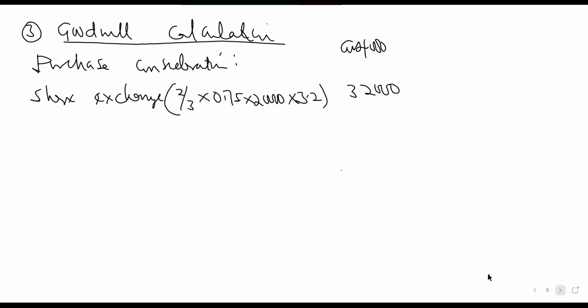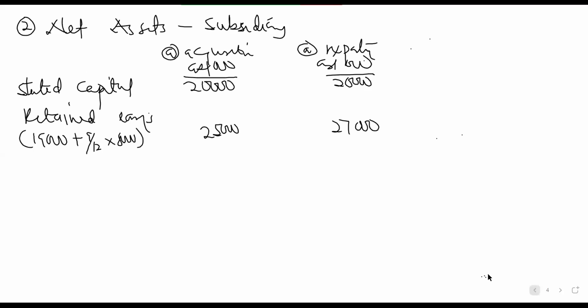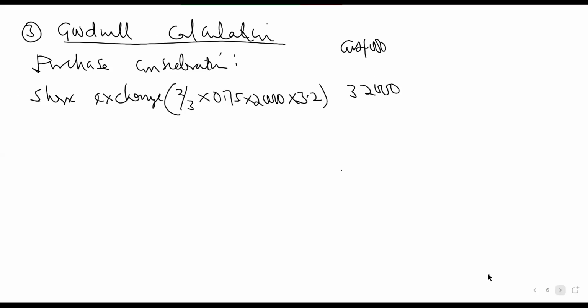I'll leave a space here. Yes, please, I can hear you. Please, the share exchange that we did, the 32,000. I wanted to know if the 32,000 will be other component of equity.